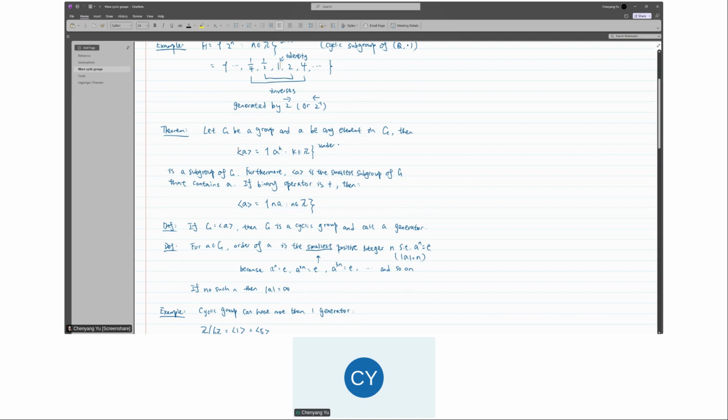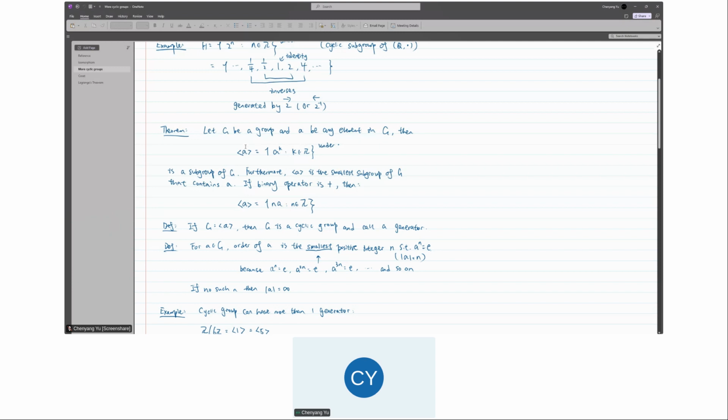So we use this notation, pointy bracket A. This refers to a to the kth power, where k is an integer. Suppose this is under multiplication, and we take any element A and we write down the powers of A. This is a subgroup of G. And also this is the smallest subgroup of G that contains A.